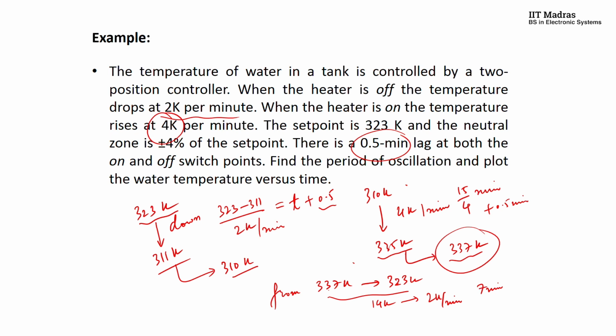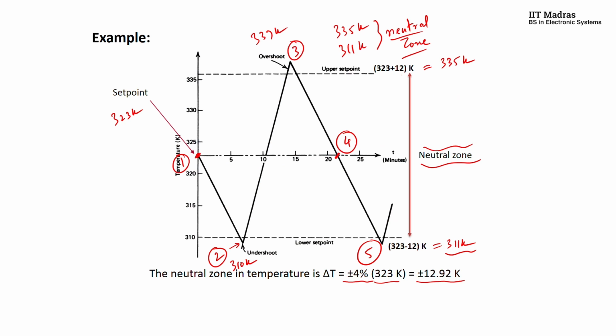Now you need to add all the times here. If you add these up, you would get this time period to be around 21.75 minutes. That means you start with a set point, the actual value in the neutral zone, and then come back to the same point after a certain time.